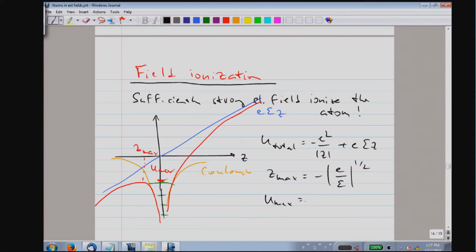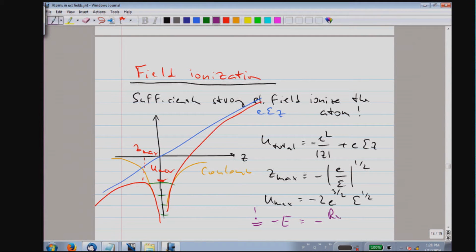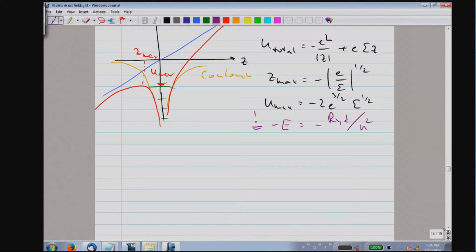And well, this is just copied from the notes, e to the 3/2. Now we want to postulate that for field ionization, this should be equal to the binding energy of the electron, which is nothing else than the Rydberg constant divided by n squared.